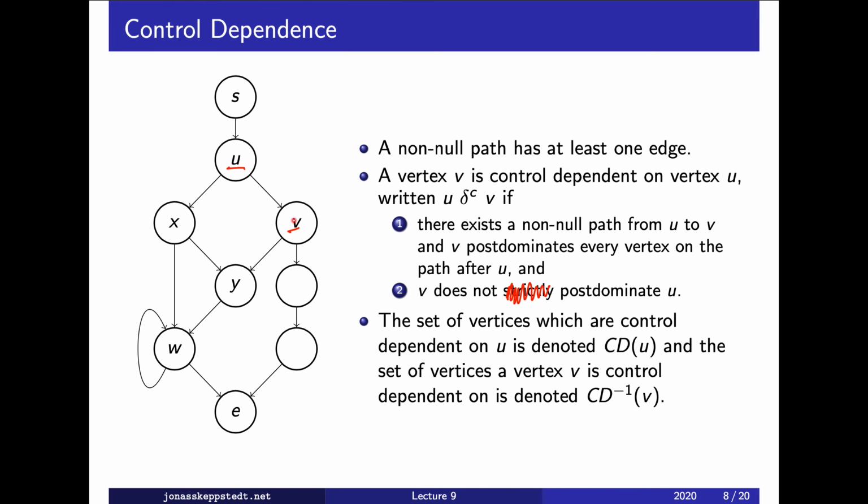V can decide that W can certainly be executed if we go there, but it does not decide, if we go in the other direction, that it certainly will not be executed. It just may or may not, but if we go in that direction, it certainly will.